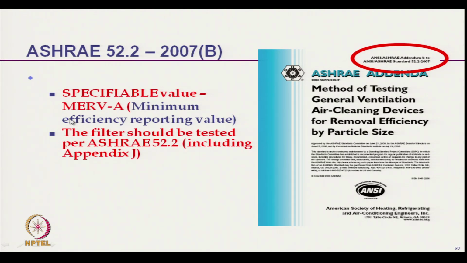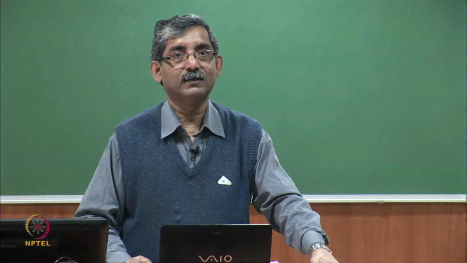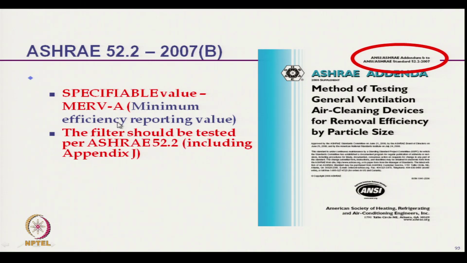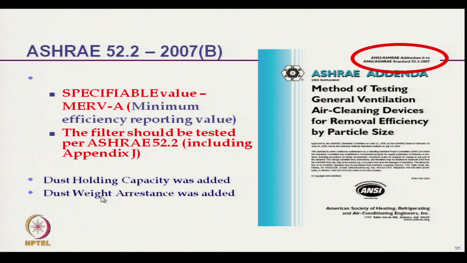There is a parameter called MERV, minimum efficiency reporting value, as I have mentioned. This is the American system of grading filters. The MERV value shows the filtration efficiency. Dust holding capacity was added in ASHRAE, and in 2007 dust weight arrestance was added.